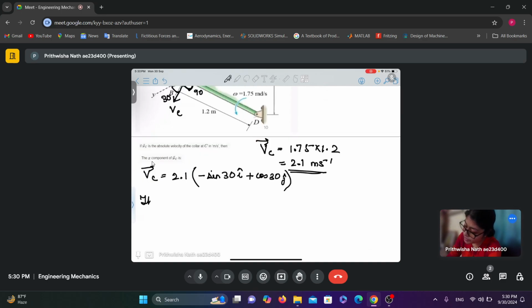So therefore the x component of VC is 2.1 into sine of 30 degree, that is 1.05, so minus 1.05.